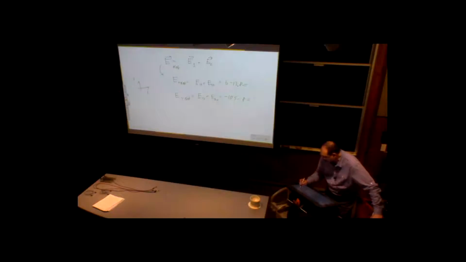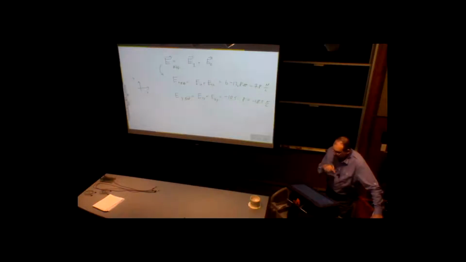That's going to be 13 minus 6, 7, negative 7.8, negative 18.5. And now final step. These components represent that final vector we call net electric field.